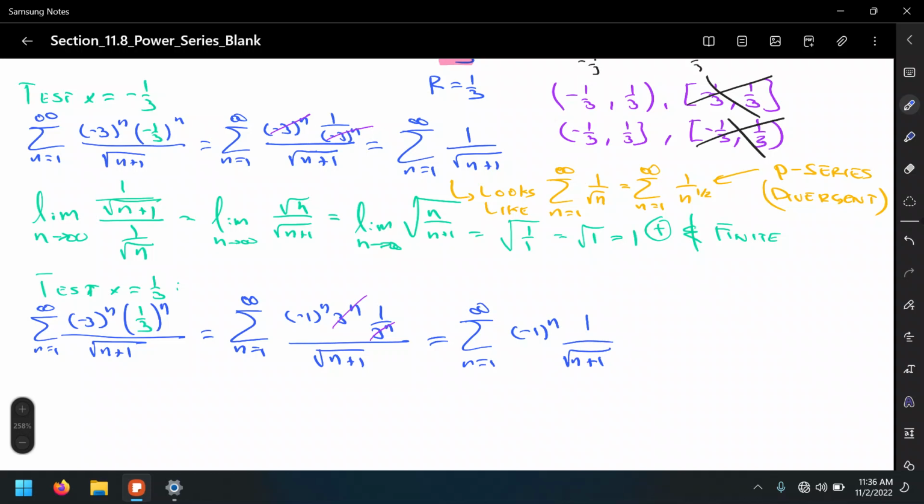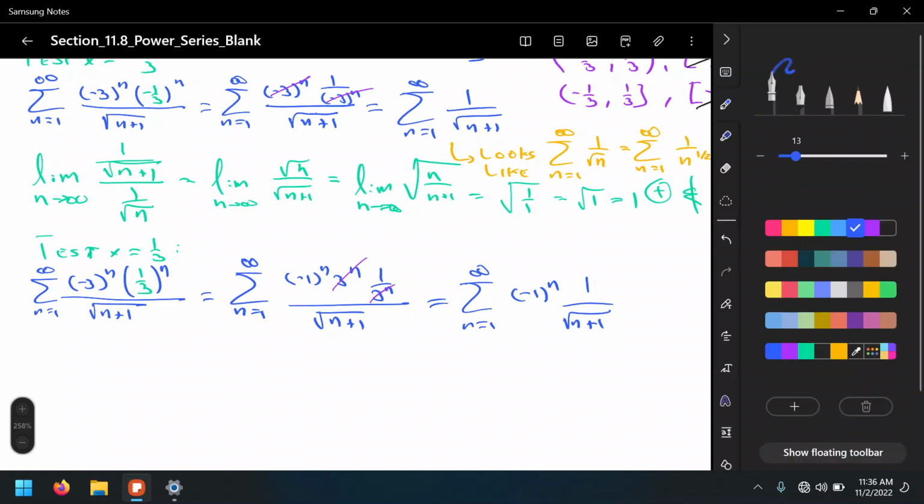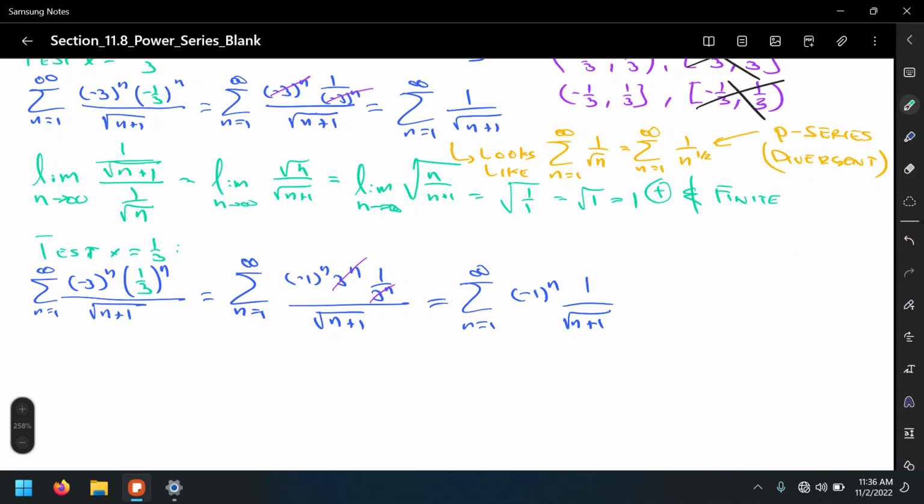Alright, so let's have a look at this whole new series. Okay, so I think it's clear what test we're going to use, which in this case is the alternating series test. That's because we have an alternating factor in our series. For the alternating series test, we need to check two conditions.